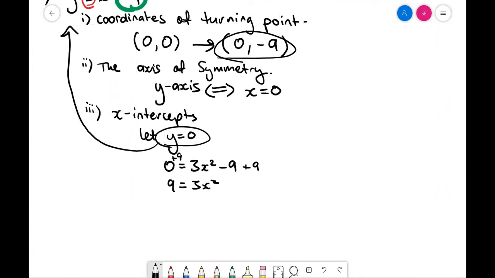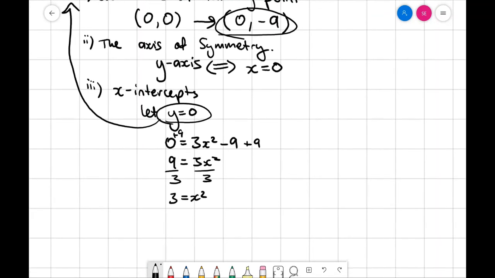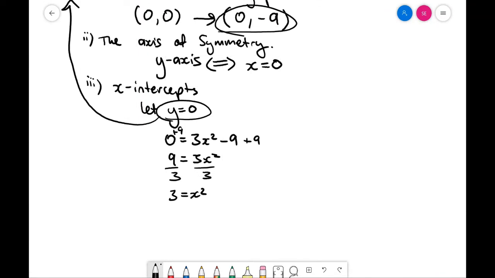And what we'll do next is divide both sides by 3. So we'll get 3 is equal to x squared. And then we'll take the square root on both sides. So we'll get x is equal to plus or minus, because remember you've got to do plus or minus, the square root of 3.